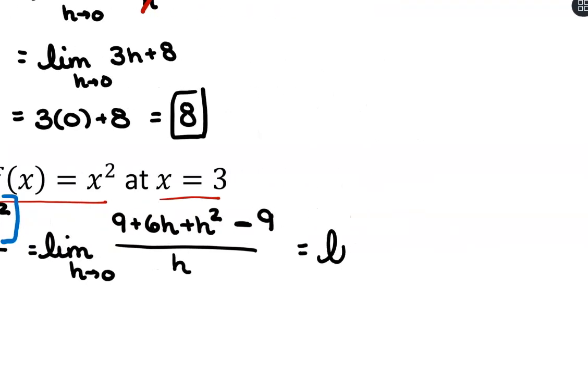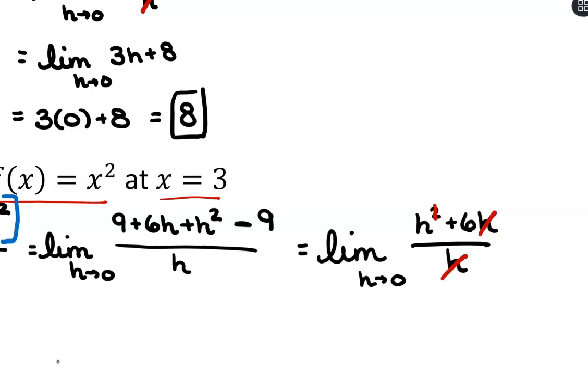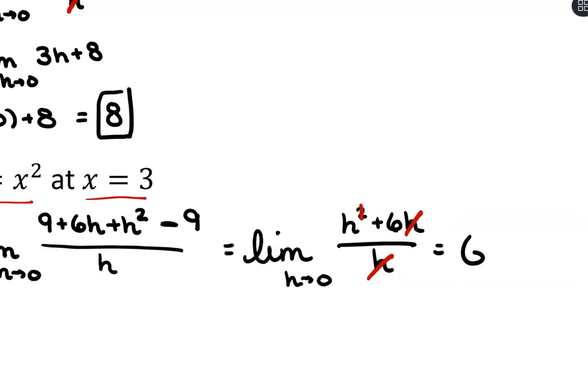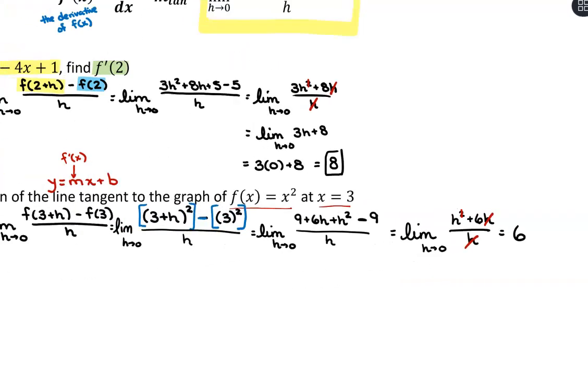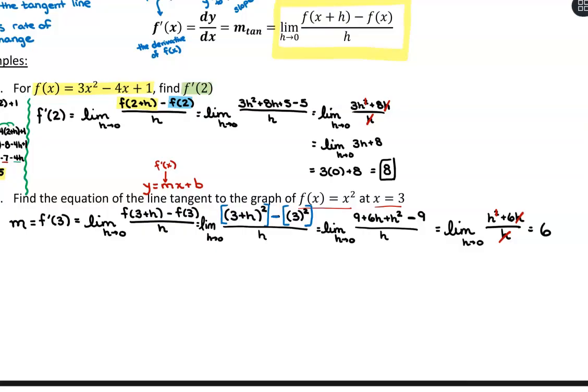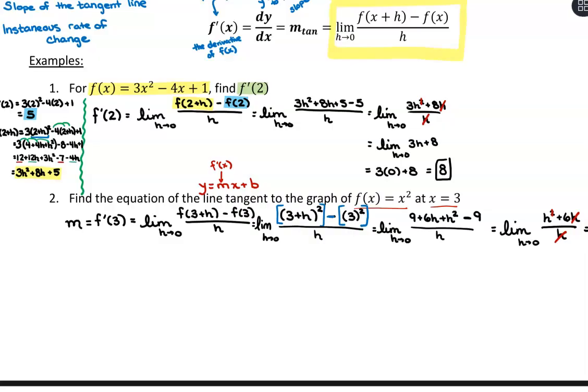And that'll be equal to the limit as h approaches 0 of h squared plus 6h over h. And then we get to a point where we can cancel out an h. So we'll just have an h plus 6, which means plugging in h equals 0, we're going to end up with 6. So that right there is our derivative at x equals 3, which means that's going to be the slope of our tangent line.